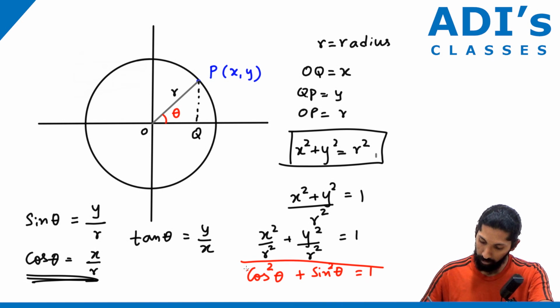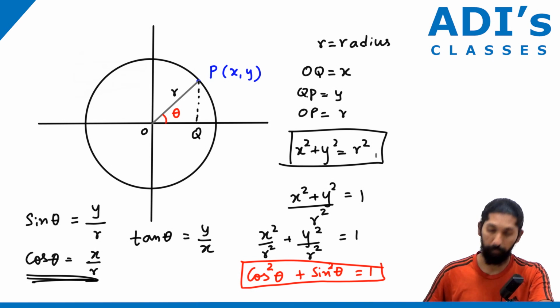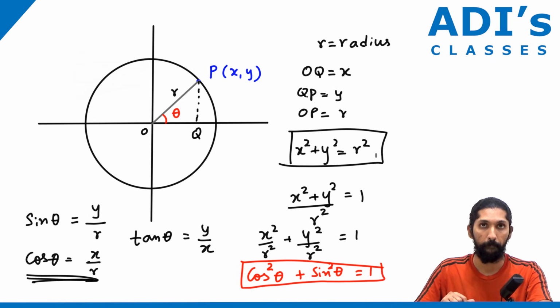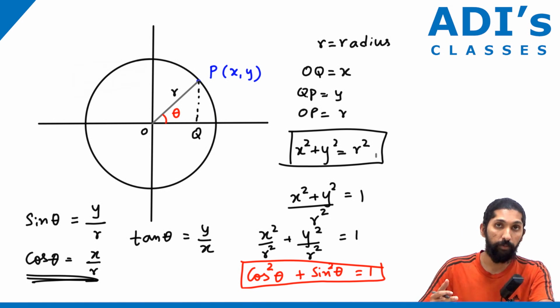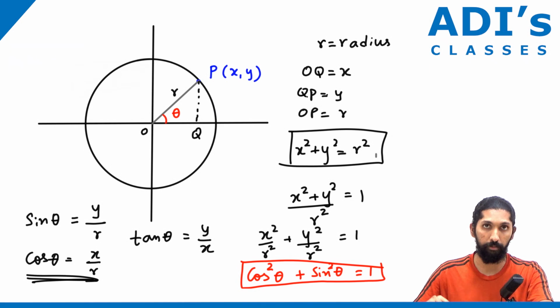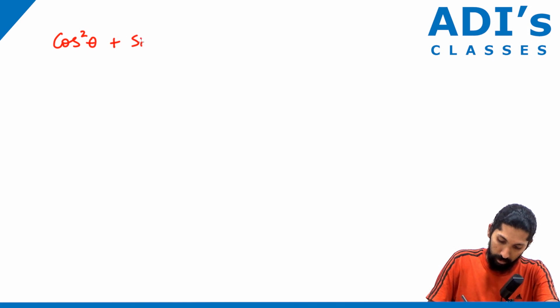This is the very first identity and probably one of the most important trigonometric identities. Likewise, we have two more identities. We'll list them all now. The first identity is cos square theta plus sine square theta is equal to 1.